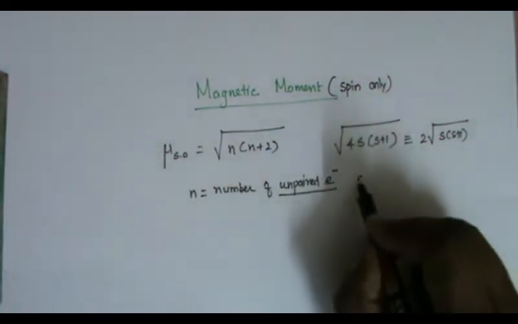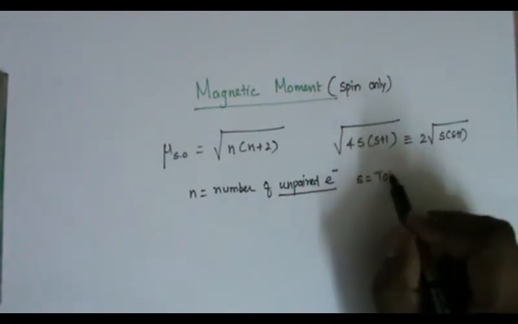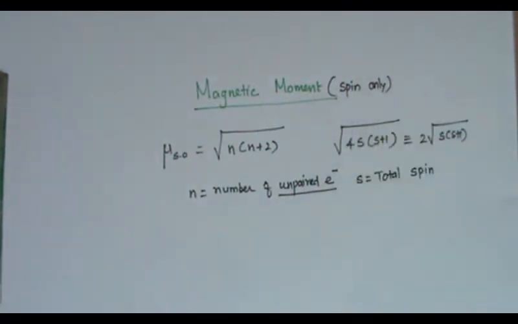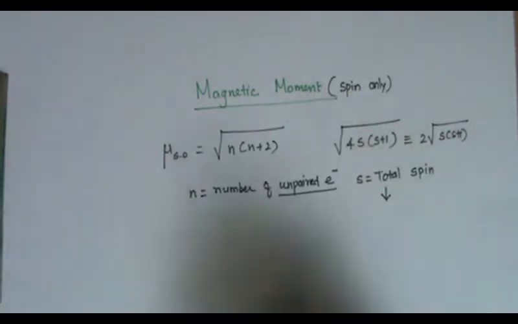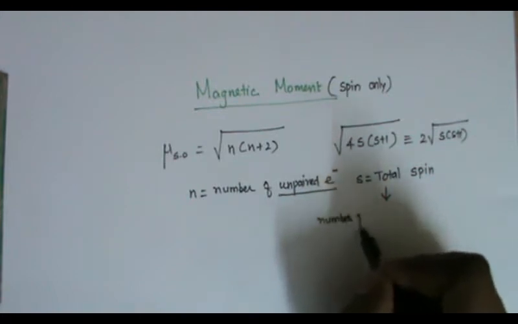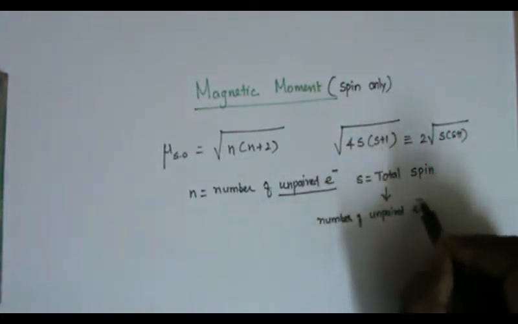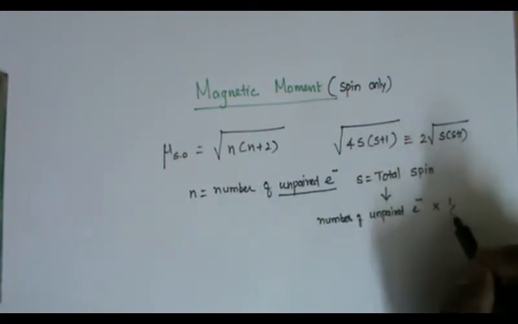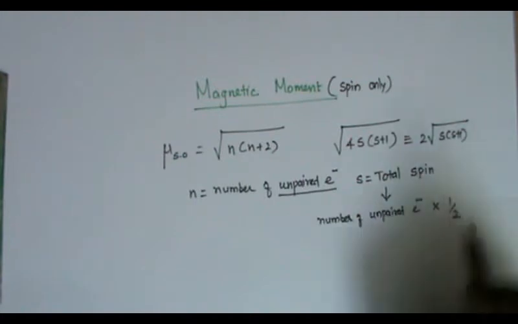What is s? It is the total spin. This can be calculated from this formula: number of unpaired electrons multiplied by half. So each unpaired electron contributes half spin.